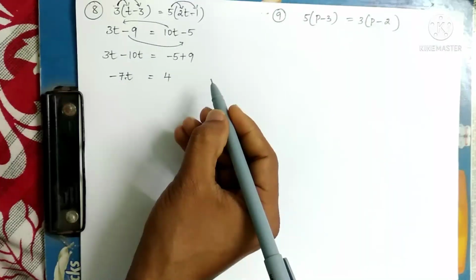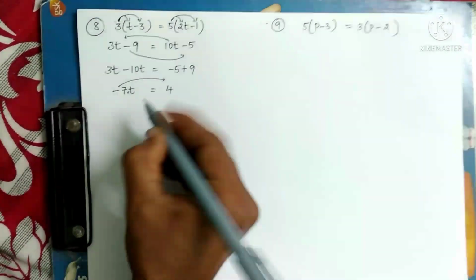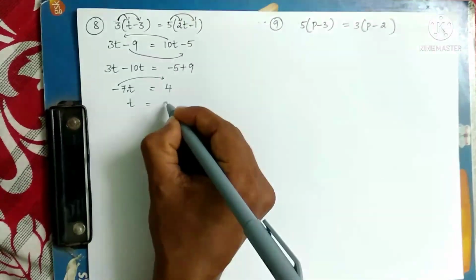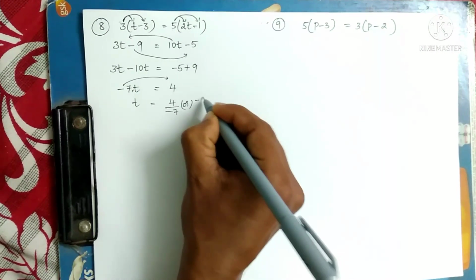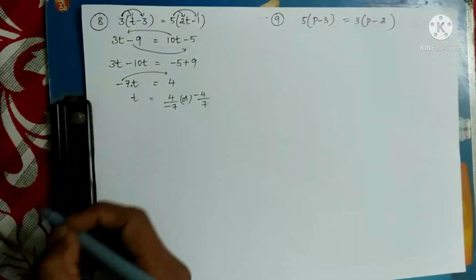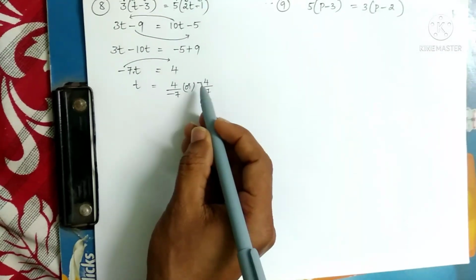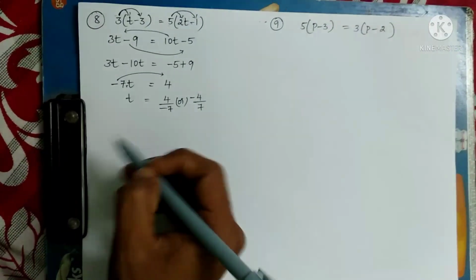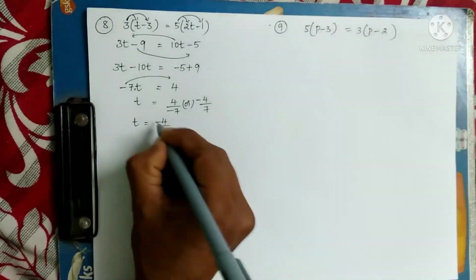If I transpose multiplication to the RHS, it becomes a division. So transposing minus 7, t is equal to 4 by minus 7, or we can write this as minus 4 by 7. Both are the same, 4 by minus 7 or minus 4 by 7. So the value of t is minus 4 by 7.